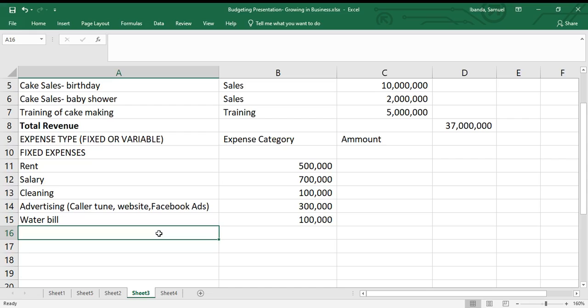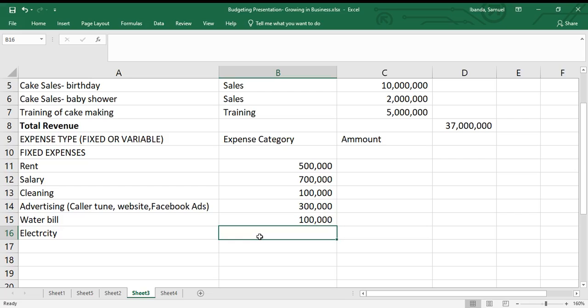You could also have electricity. Now, for somebody in a cake business, electricity differs on a monthly basis based on what you're producing. But for matters of learning, I'll include it here because for most of the business owners that could be watching this, things like electricity could be fixed amounts.